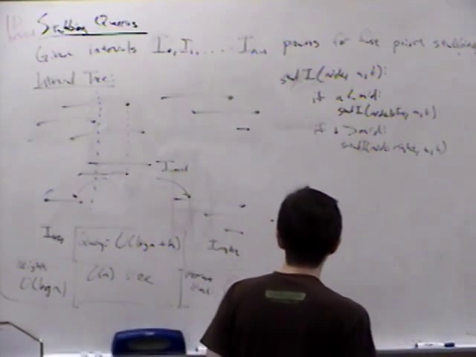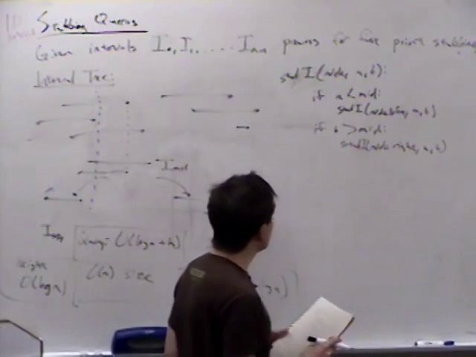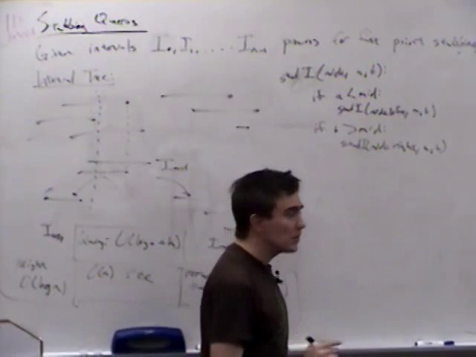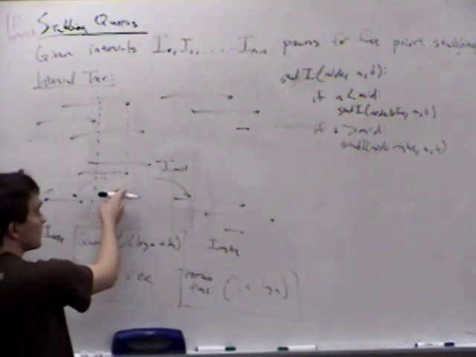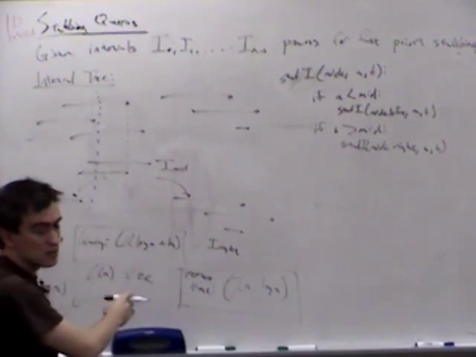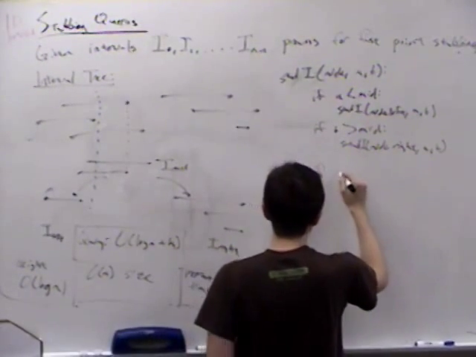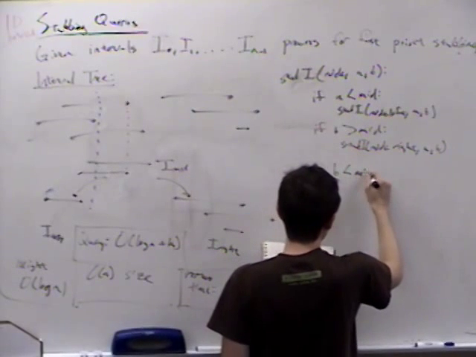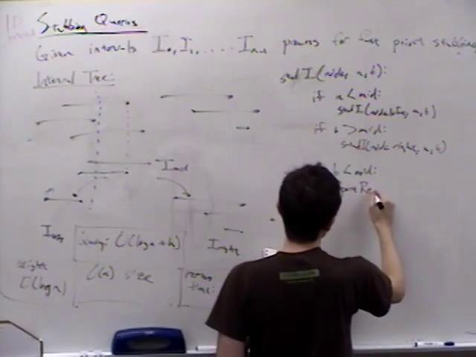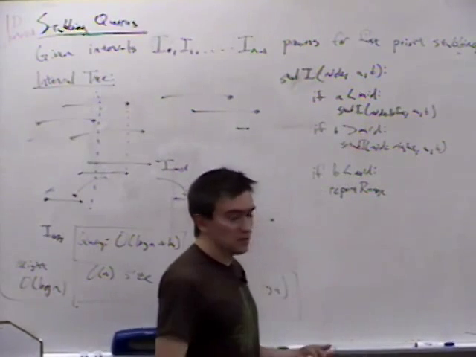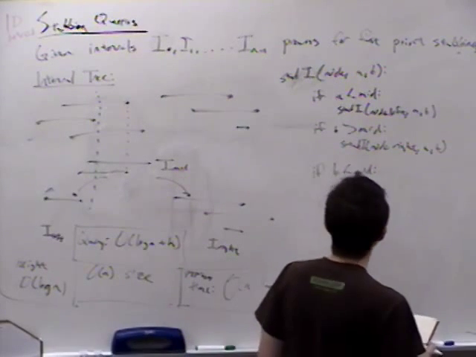And now we have to deal with the stuff in the middle, right? So there are basically three cases. If the interval is to the left of the midpoint, we report range, which will just report all of the elements in the left associated array which happen to be less than b.